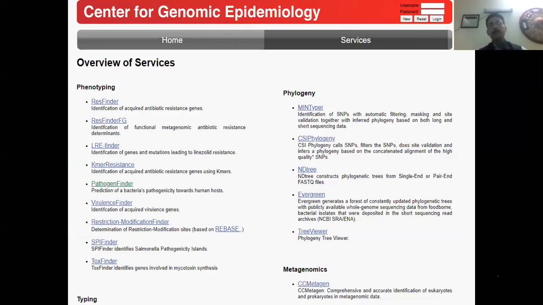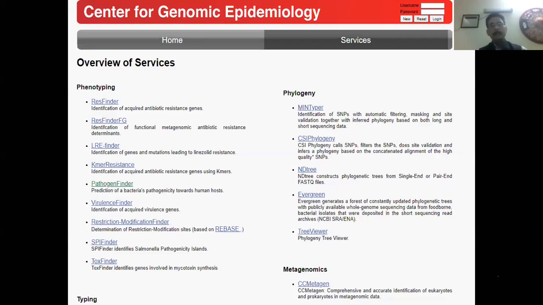This is one platform emerging as a very popular and effective platform for the molecular biologist as well as epidemiologist of veterinary and human diseases, which is called CGE tools. So this is developed by Center for Genomic Epidemiology in Denmark, and there is a collaboration from global scientists through an effort from World Health Organization.